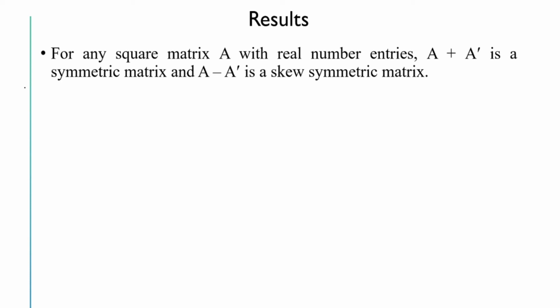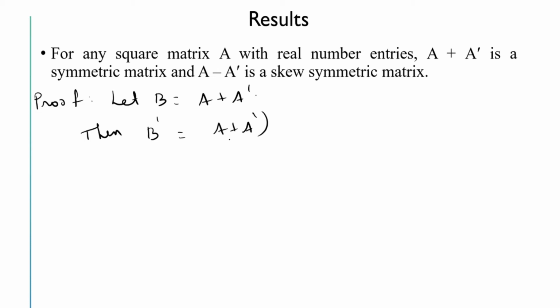Now let us see the proof of this. So proof: let B equal to A plus A transpose. Then B dash or B transpose is equal to A plus A transpose, the whole transpose.